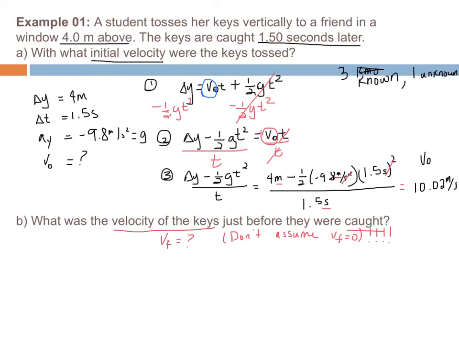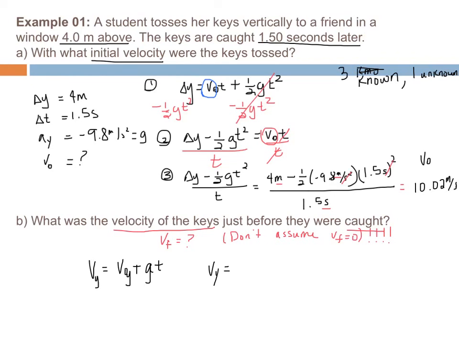So if we're trying to solve for final velocity, well, I can use final velocity. Oh, we're going to use the AP notation now. Final velocity is initial velocity plus acceleration times time. Because we are talking about the y direction, I can specify this is y, and this is g.